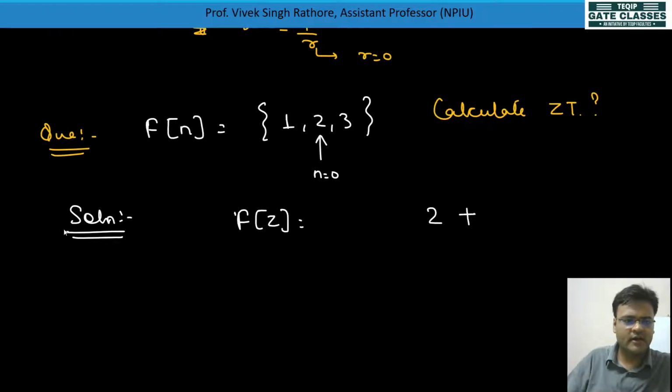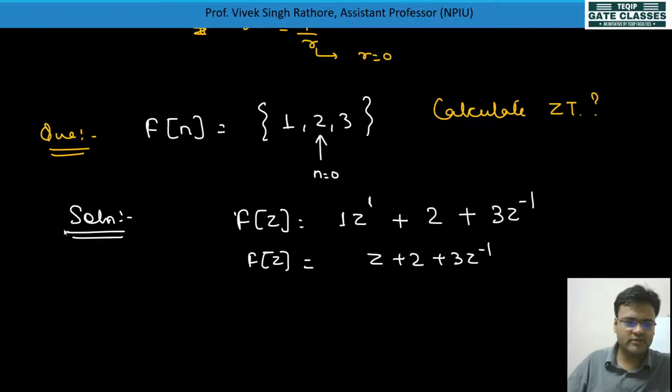Plus here this is n is equal to 1, so z to the power minus 1 will come, so 3 z minus 1 here. And here it is n is equal to minus 1, so we'll keep 1 into z to the power 1. Okay, so now the value came: z plus 2 plus 3 z inverse. This is the f of z, but its ROC is ROC.